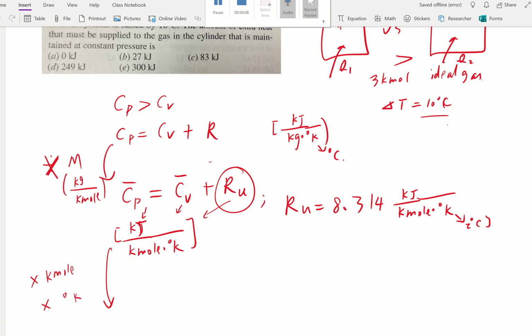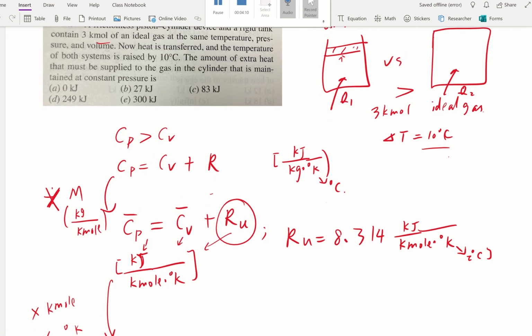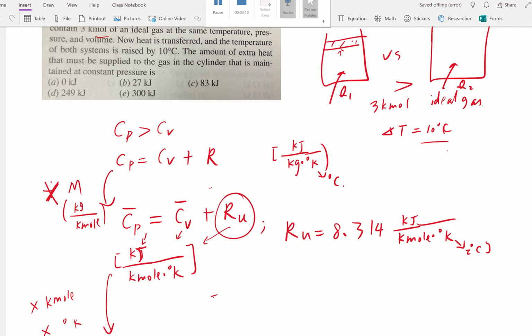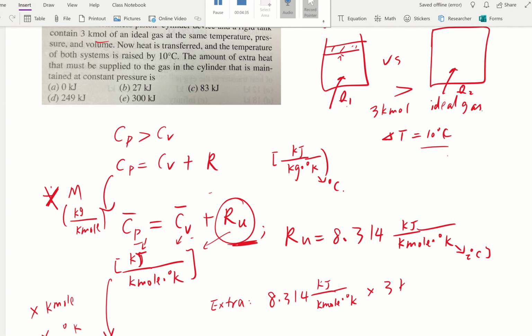In that situation, the extra energy between constant pressure and constant volume lies on Ru. So we're going to use Ru, which is 8.314 kilojoule per kilomole per Kelvin, and then we have 3 kilomole, raised by 10 degrees Celsius.